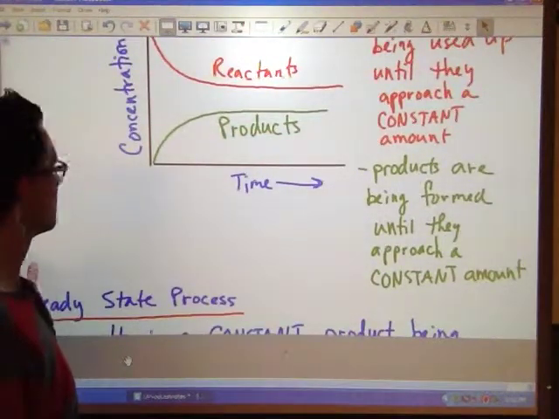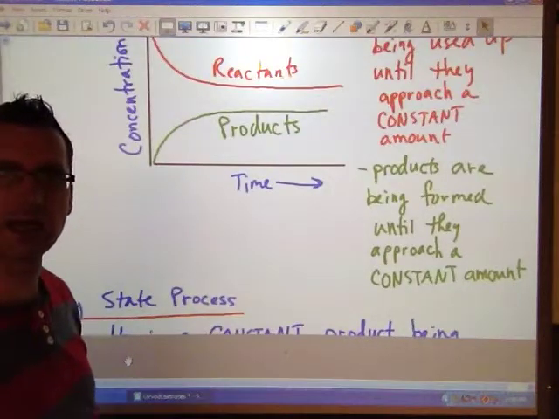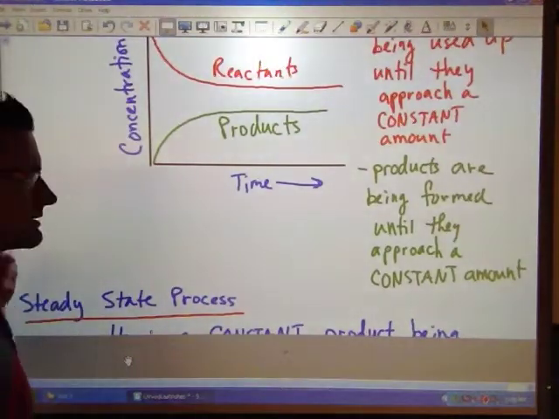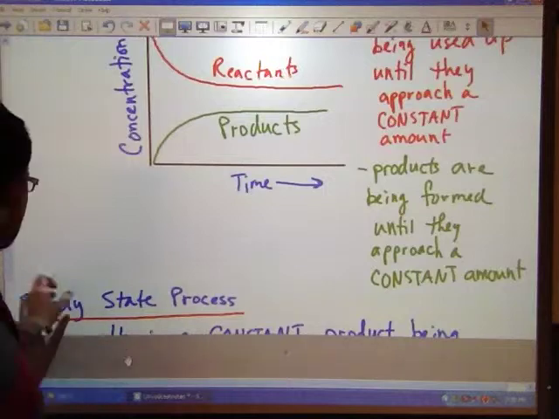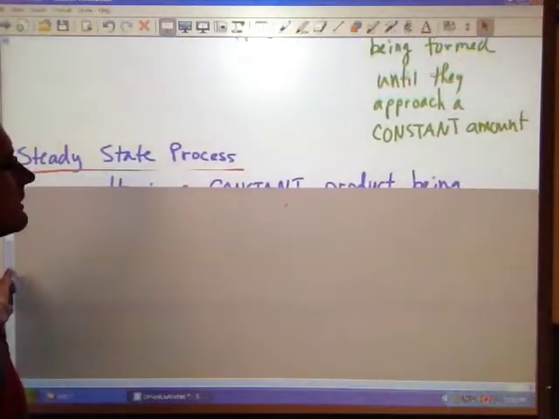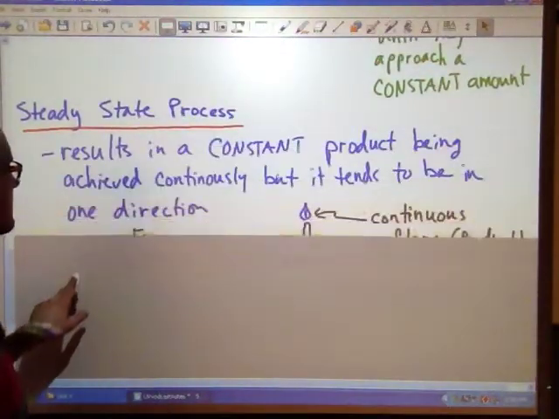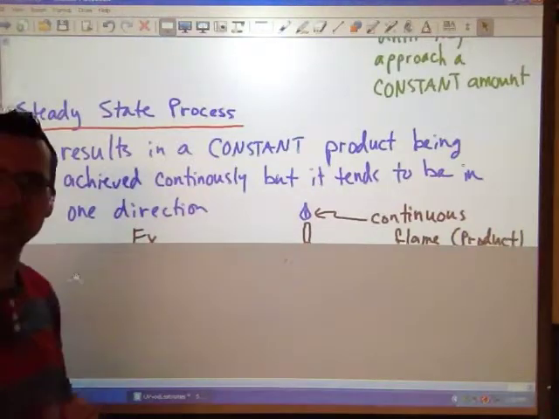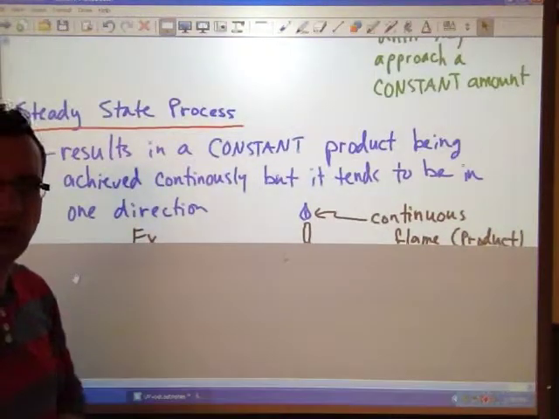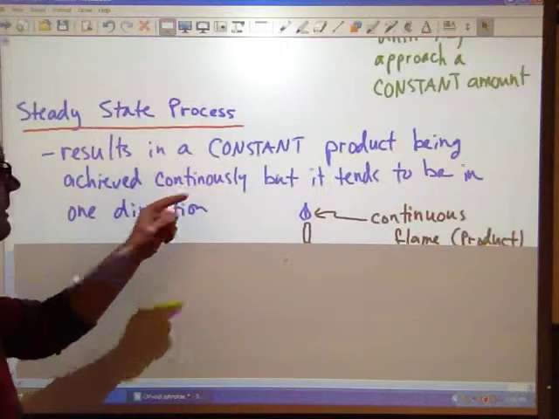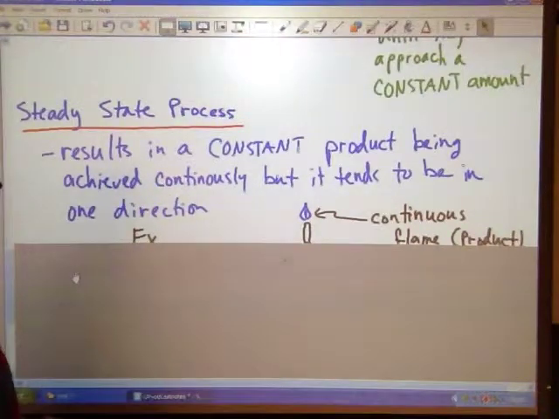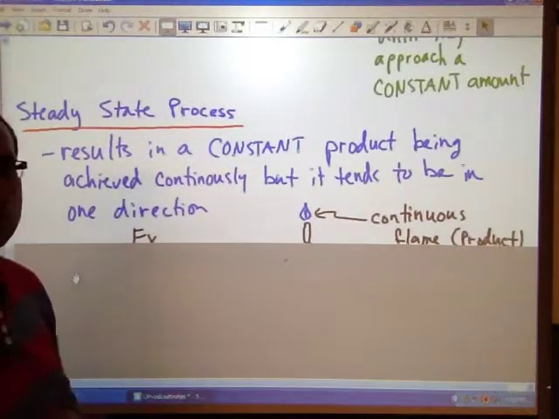And lastly for this video, I want to look at comparing this dynamic equilibrium to a steady state process. Steady state processes are very similar. A constant amount of product being formed results in a constant product being achieved continuously, but it's in one direction.